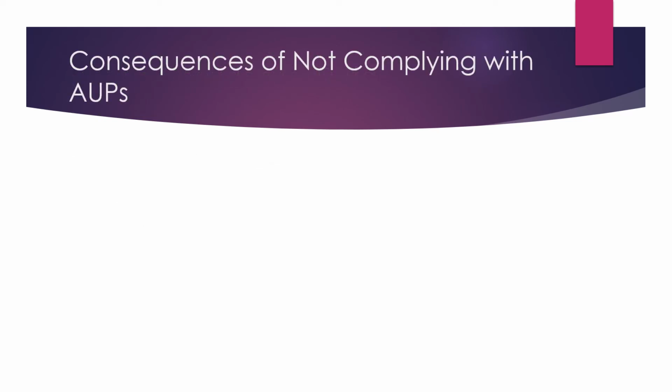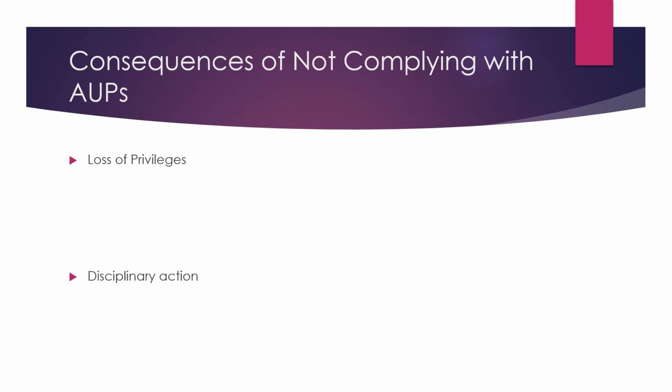There are consequences for not complying with your school or workplace's AUP, and some of them can be pretty severe. At the very least, you could lose your privileges to use the resources that you need to do your work. You may not be allowed to use the internet or lose access to email and other privileges.